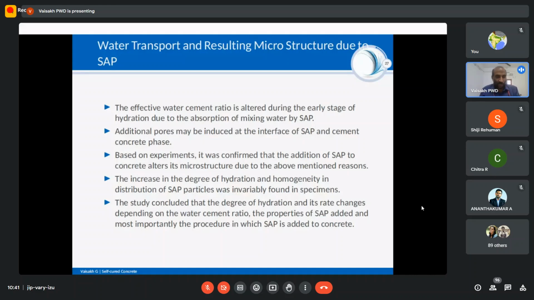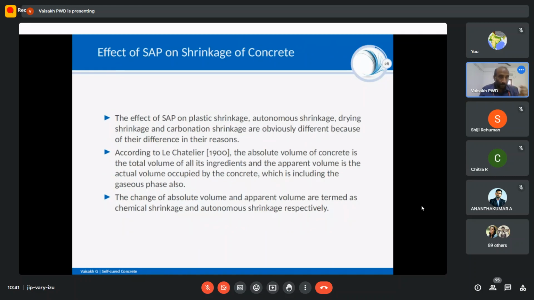Some of them were positive, some of them were negative. As time passes, we learned how to use these sap particles properly to obtain better results. So the procedure by which it is added to the concrete and the dosage of sap are very important.